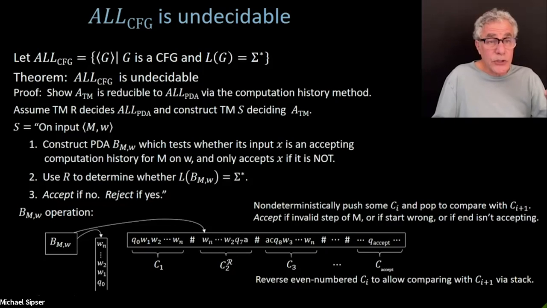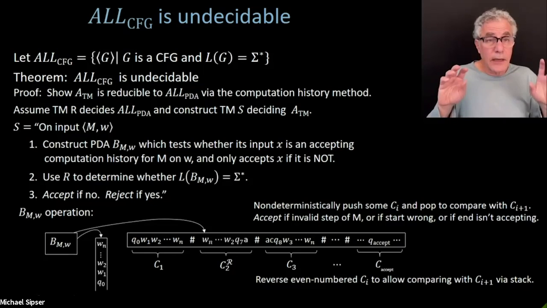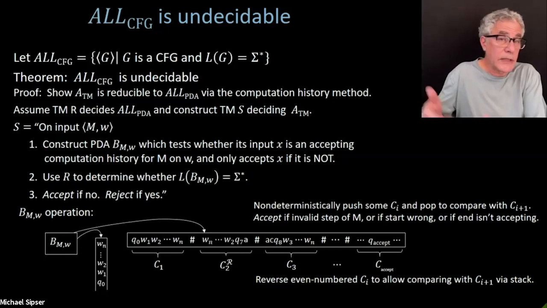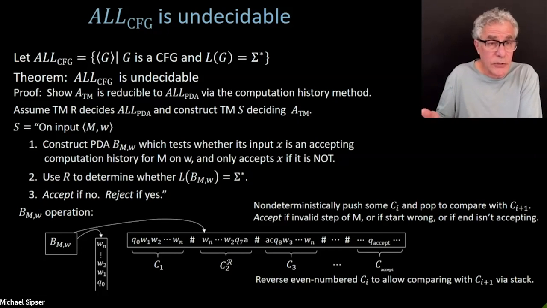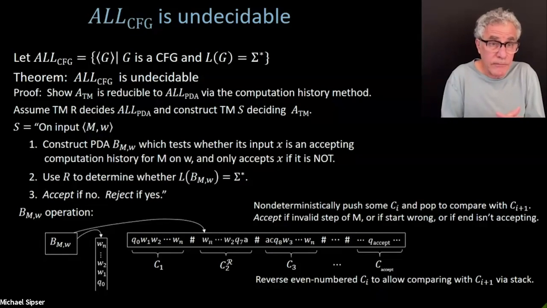Why are we accepting all the junk strings and only rejecting the strings which are the computation histories? So we're looking for strings that fail. A string could fail because it starts wrong, it doesn't have the start configuration, or maybe doesn't end with the accepting configuration, or maybe one configuration doesn't lead properly to the next one. Any of those cases are a failure, and there are going to be a reason to accept.